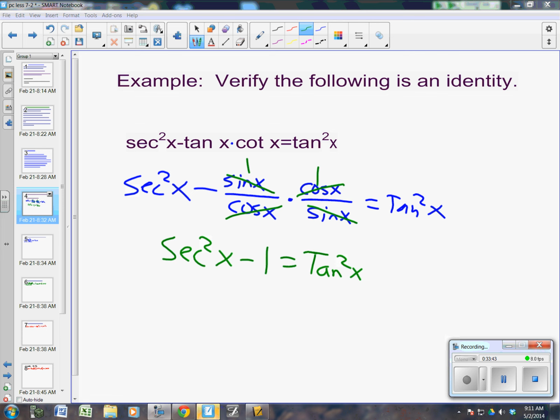Yeah, it's a Pythagorean identity. And you're done. You've got one side equal to the other side. One of your identities says secant squared of x minus 1 equals tangent squared of x. So you can replace this secant squared of x minus 1 with tangent squared of x.